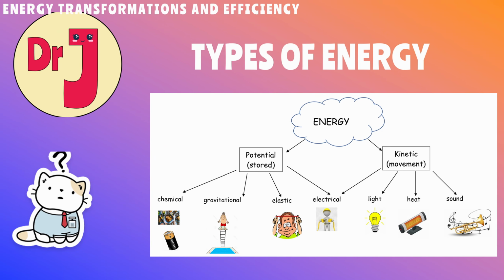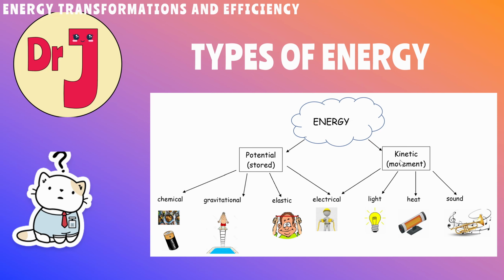So in this diagram here, energy is our main idea. We have potential energy and kinetic energy, and some examples of potential energy might be chemical energy, which you might obtain from food or from batteries, gravitational potential energy, which relates to an object that is above the ground, and then we have elastic energy, so we store energy in the elastic when we stretch it out.